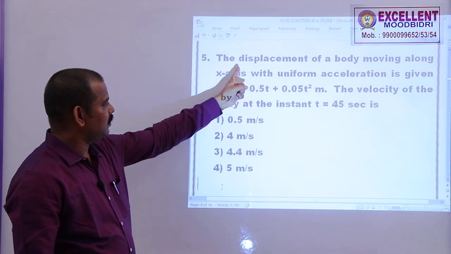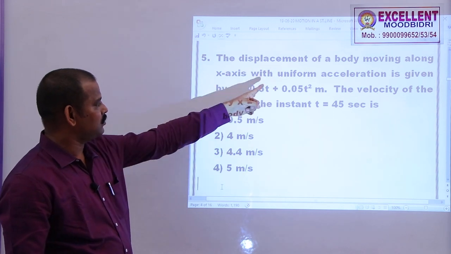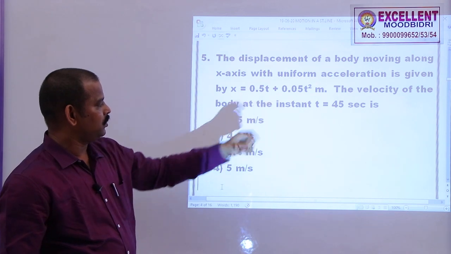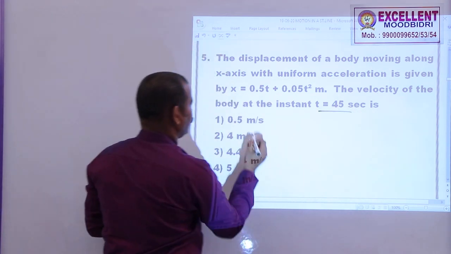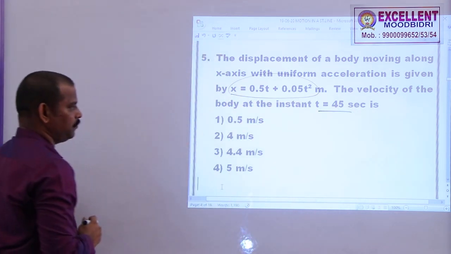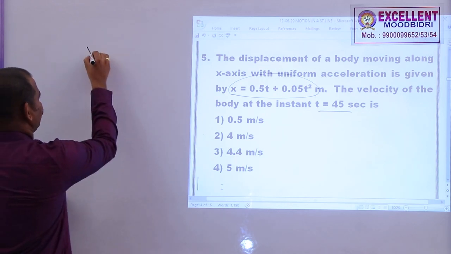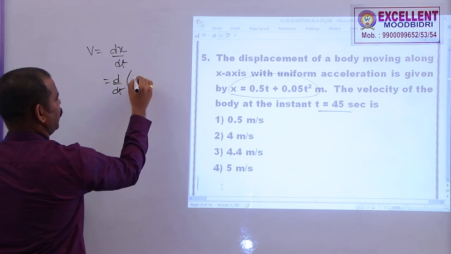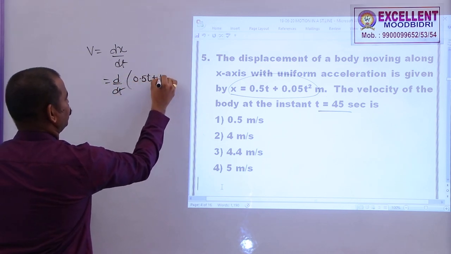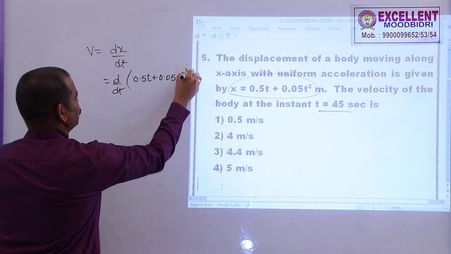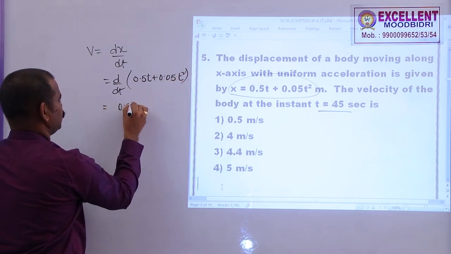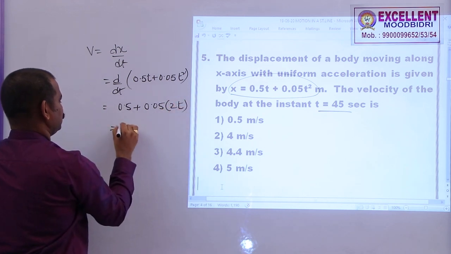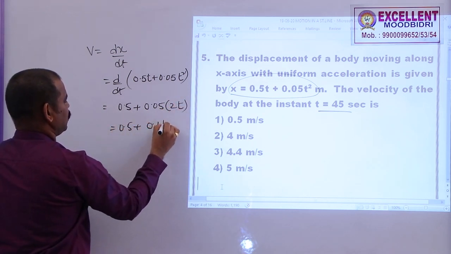Problem number 5. The displacement of a body moving along the x-axis in uniform acceleration is given by this equation. Find the velocity of this body at the instant t equal to 45 seconds. To find the velocity, differentiate this equation with respect to time. Velocity is given by dx by dt. So d by dt of (0.5t plus 0.05t square), this is 0.5 plus 0.05 into 2t, so this is 0.5 plus 0.1t.